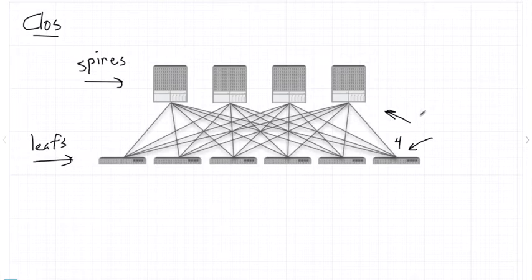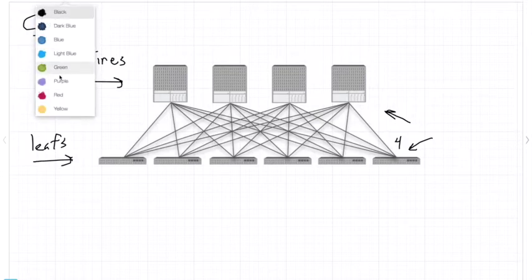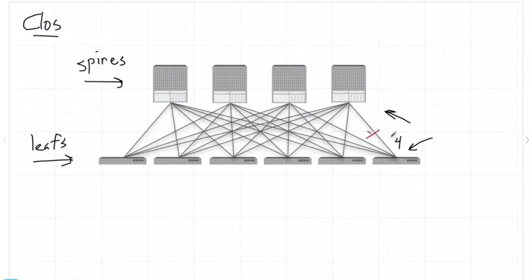Traditionally, OSPF and other routing protocols have been able to handle failures much quicker than traditional spanning tree. If we had a link failure here, traditional spanning tree 802.1D would take minutes in the best case scenario to do a topology change notification, figure out the new paths, and start forwarding again.